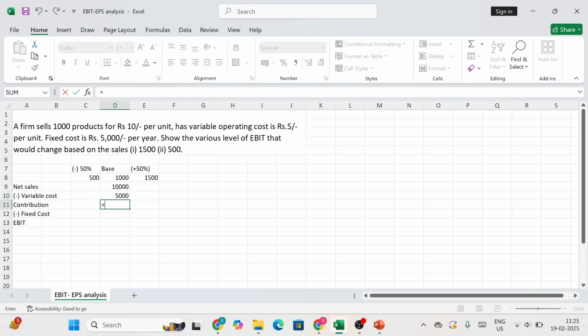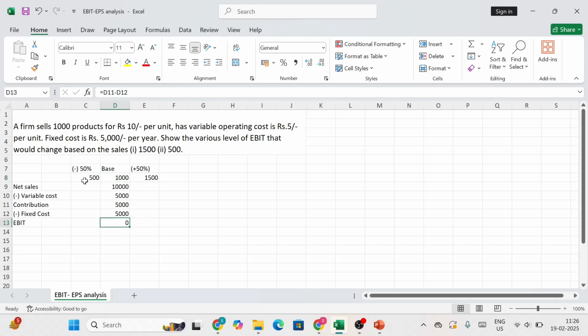If you subtract this 5000 from 10,000, the balance, that is the contribution, is 5000. From 5000, we subtract the fixed cost, which is 5000. Then what is your EBIT? 5000 minus 5000 gives you 0. So if you produce 1000 units, you are left with 0 as your EBIT.